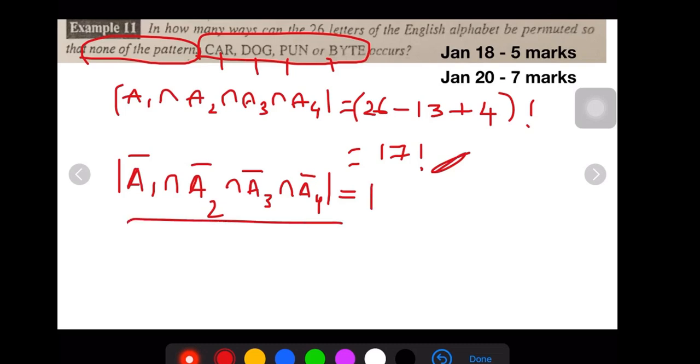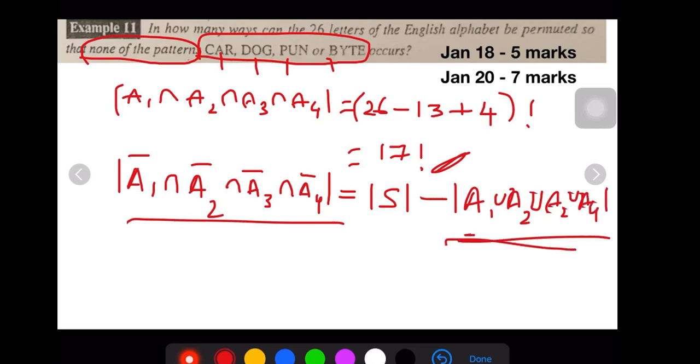You need to compute this value, no? So for that, as per the formula, mod S you should take. Mod S minus the union of all these sets, union of A1 to A4. And this computation is already done. Individual computations are done. You have to substitute that here.